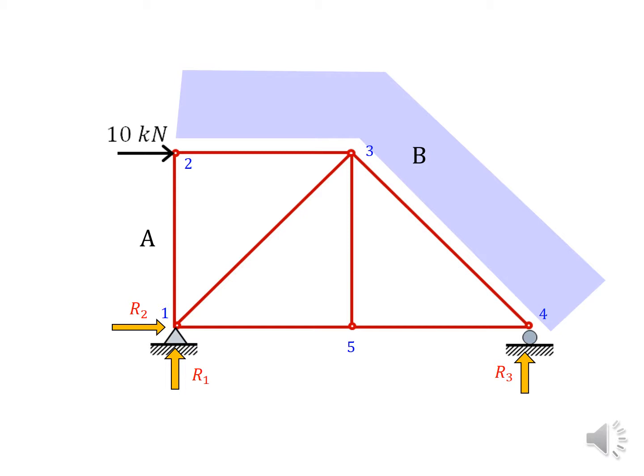So that region we can mark as one space. So we mark it as B.